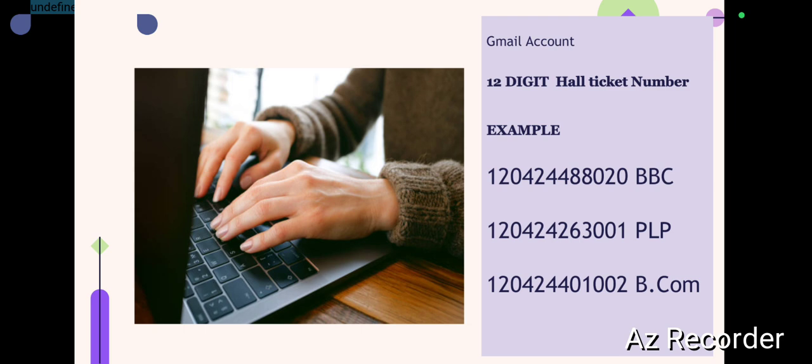For example, a student who has joined the BSc BBC program, their code is 488. Similarly, for a BA PLP student, the code will be 263, and for a BCom general student, the code will be 401. The last 3 digits are the serial number or the roll number, which goes on from 1 to 30 or 60. So everybody should be aware of this 12-digit hall ticket number, and they should have a Gmail account.